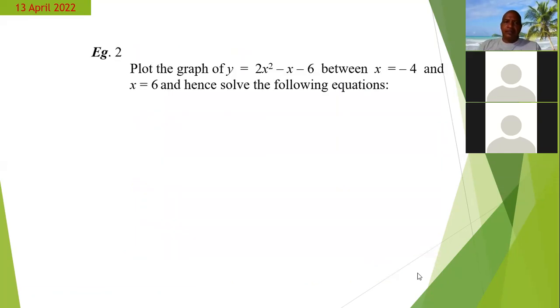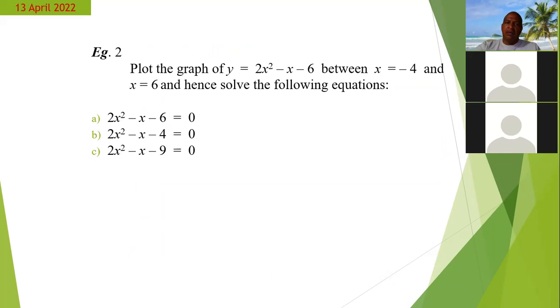Now, here we have to plot the graph of y equals 2x squared minus 6 between x equals -4 and x equals 6, and hence solve the equation. In this case, we are solving 3 equations with one graph.